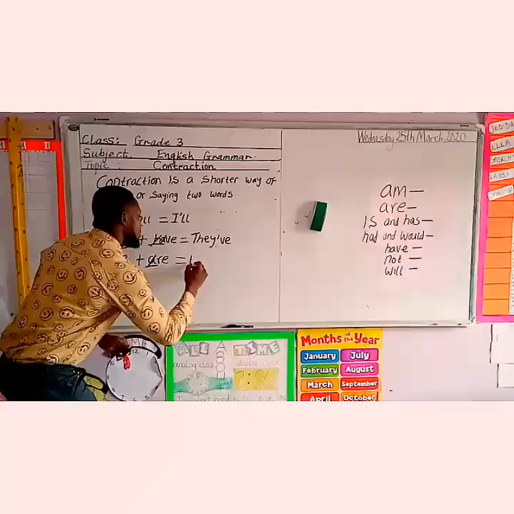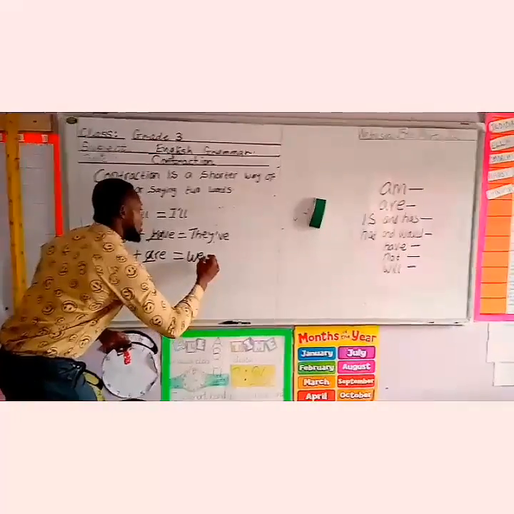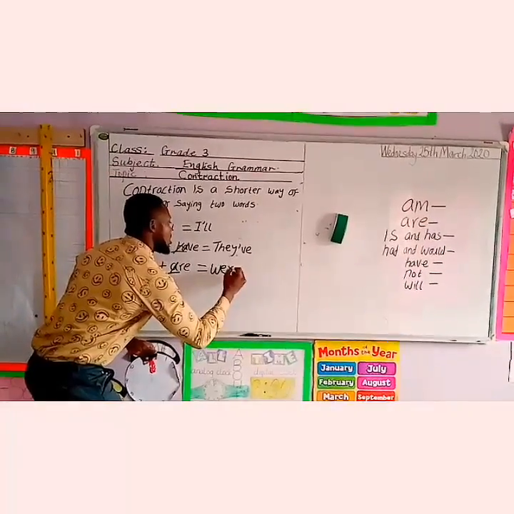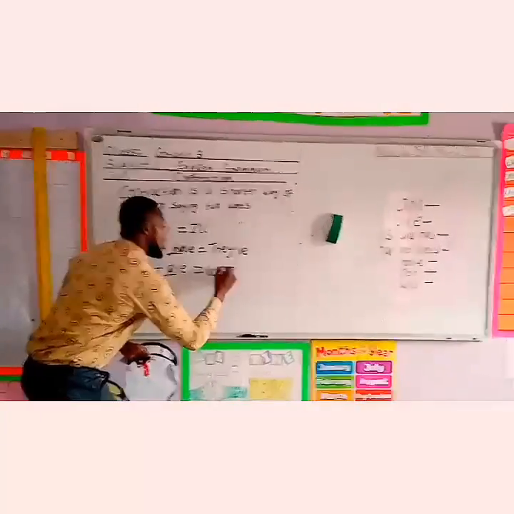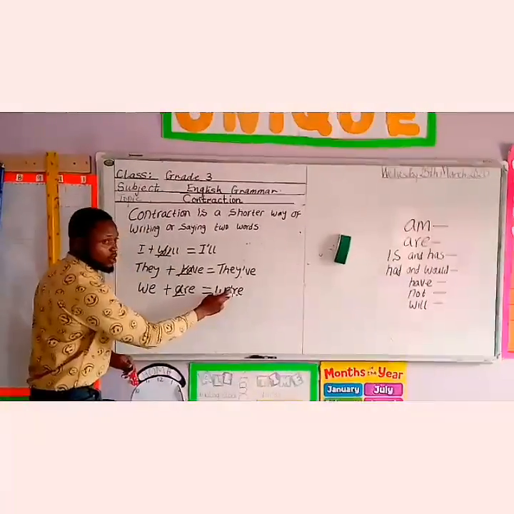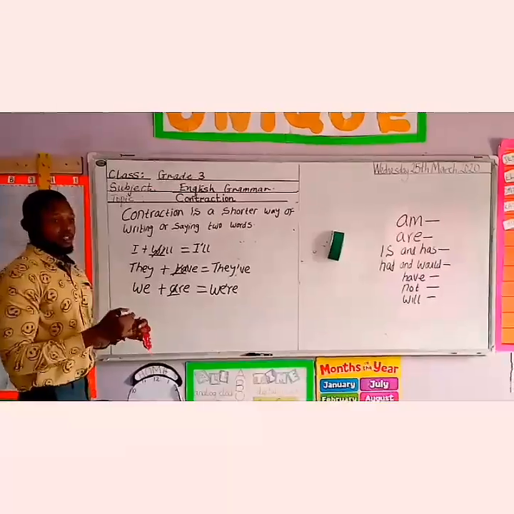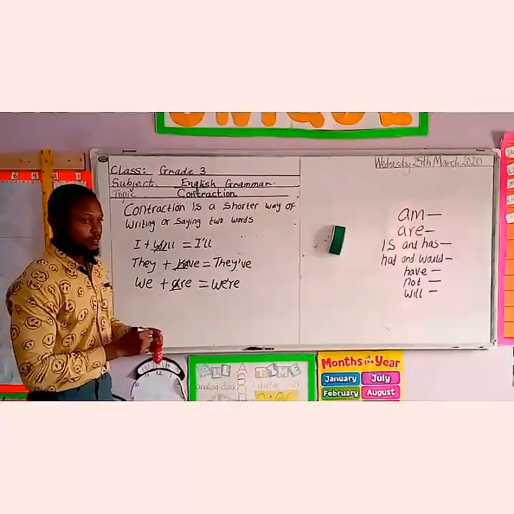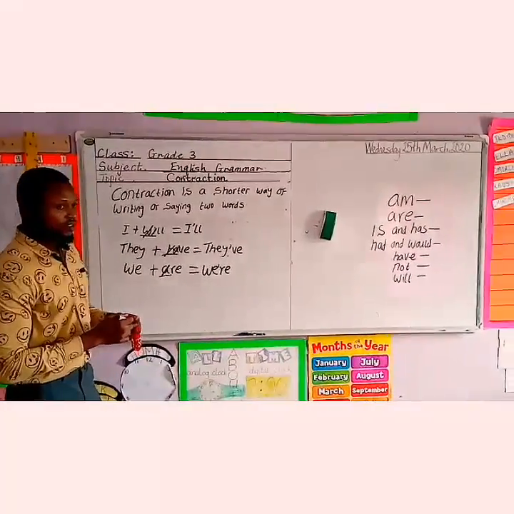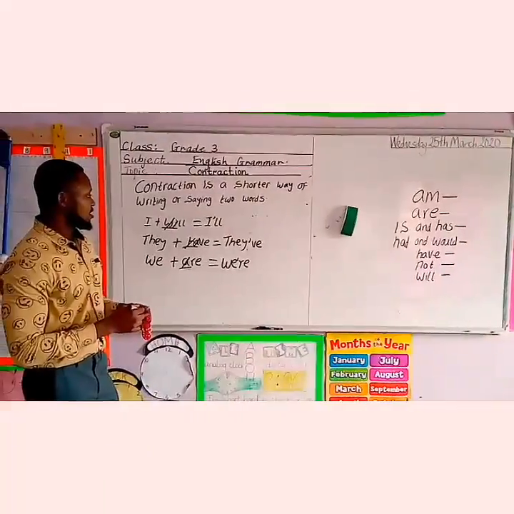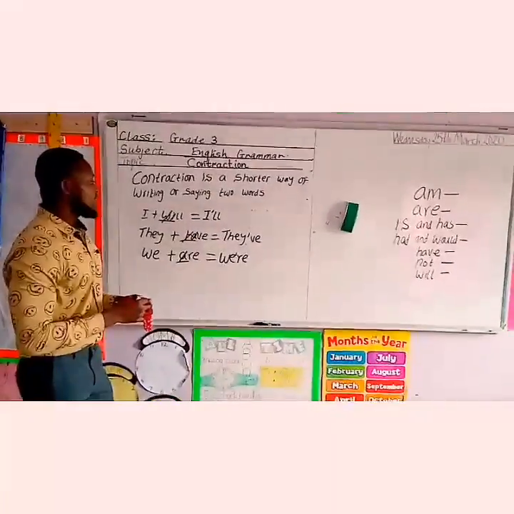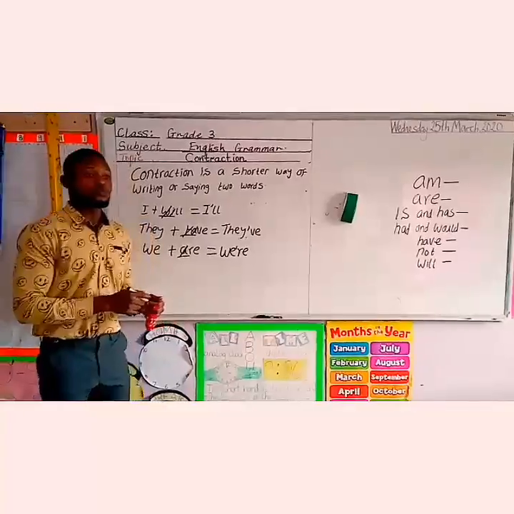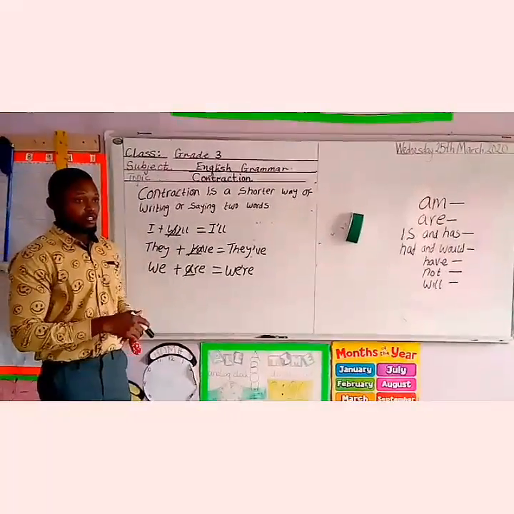Now, why is it like that? Your apostrophe comes here because A was supposed to be here. Mr. Marco, yes, please, why did you omit two letters there and you came to this one and just one? You know, in English, there are rules for all of this. So what is the rule?